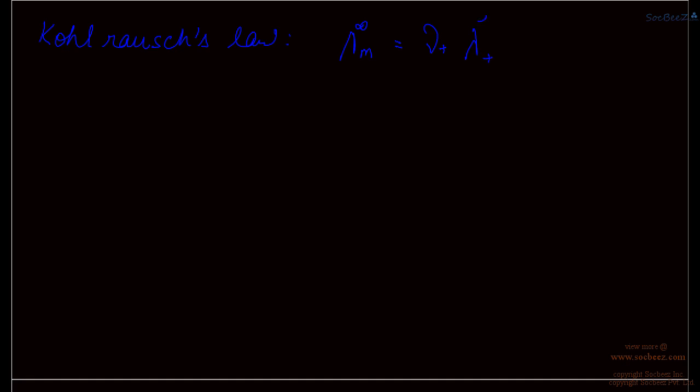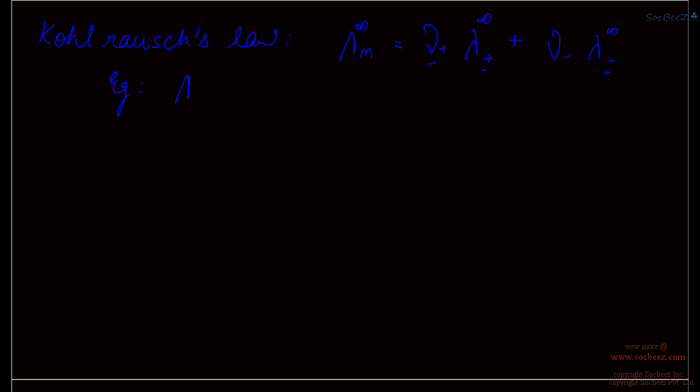Here nu is the stoichiometric number of ions in the compound, where positive sign is used for cations and negative sign for anions.